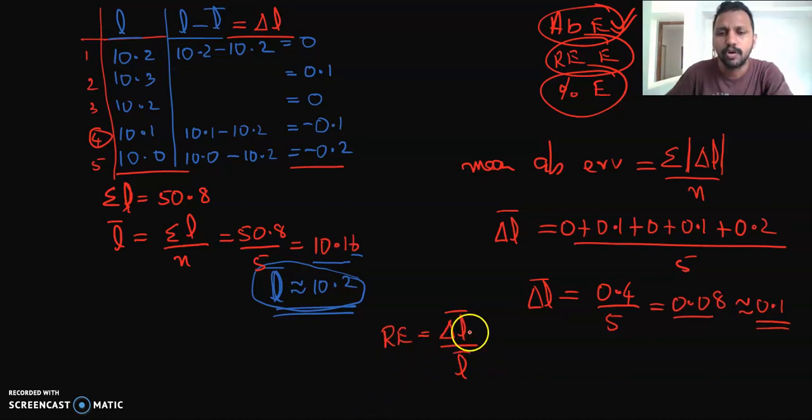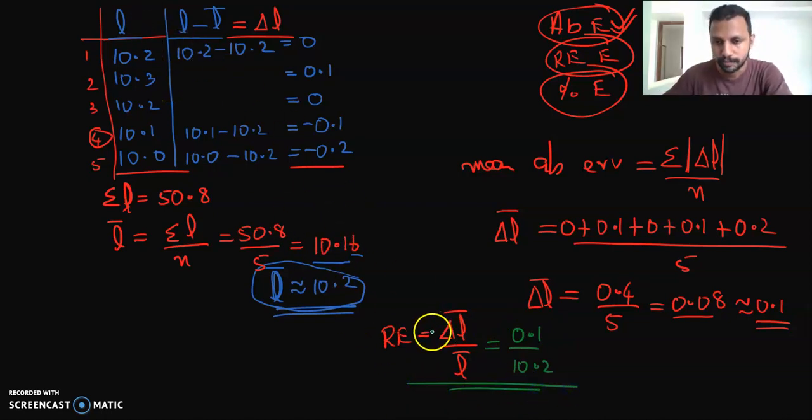If I substitute the values into this equation, it will be 0.1 divided by 10.2. Let's keep this as such. Therefore, this is our relative error of this measurement.